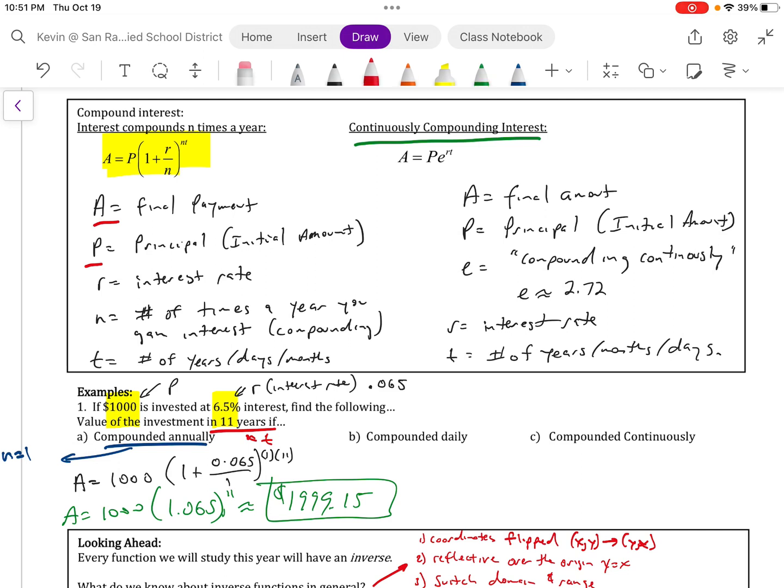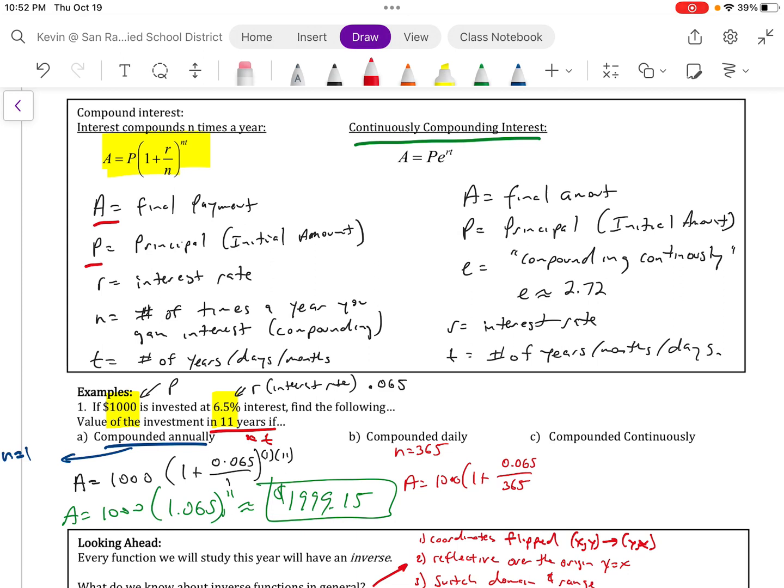Okay, compounded daily. What does that mean? Compounded daily means that N is going to equal 365, because that's how many days in the year. So A equals, again, 1,000 times 1 plus 0.065 over 365.